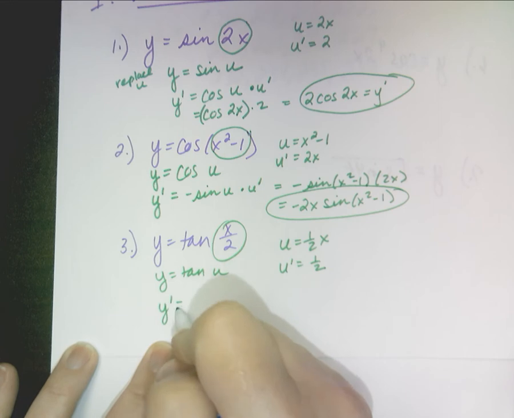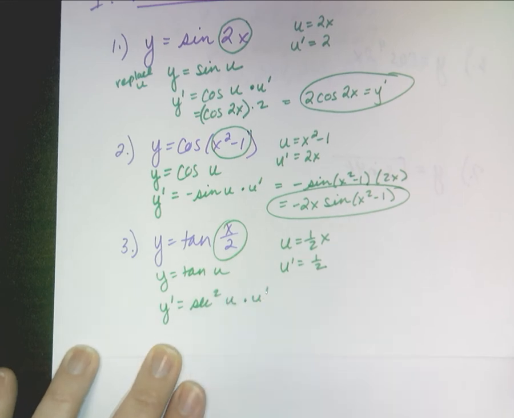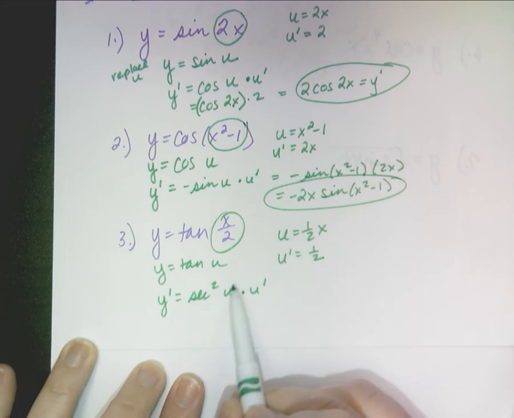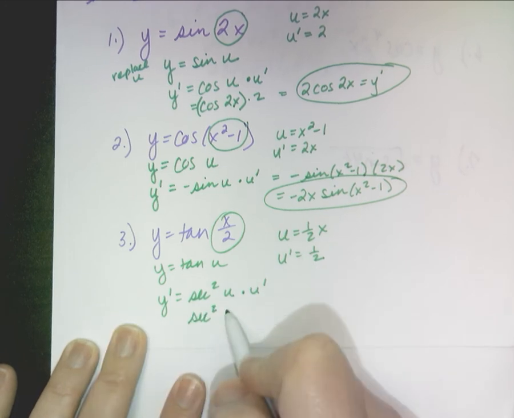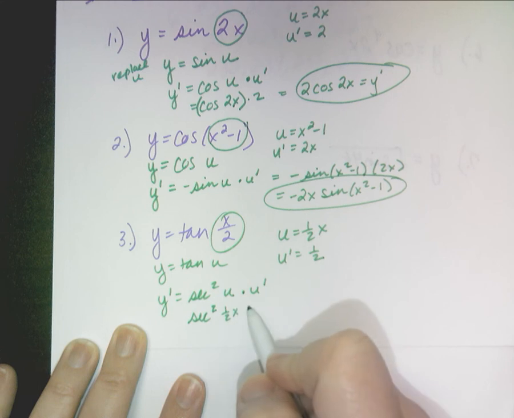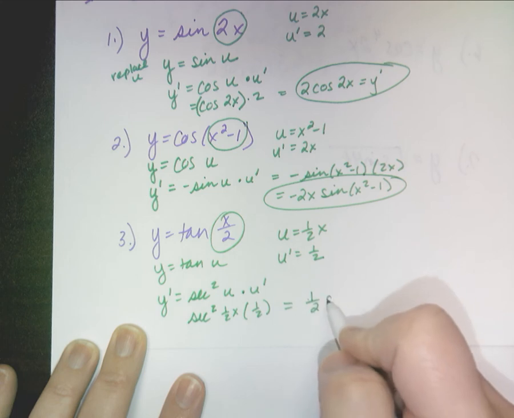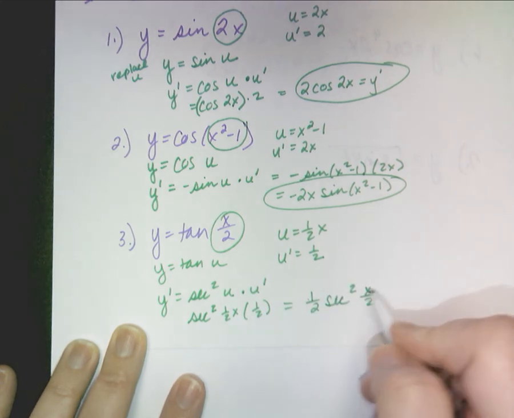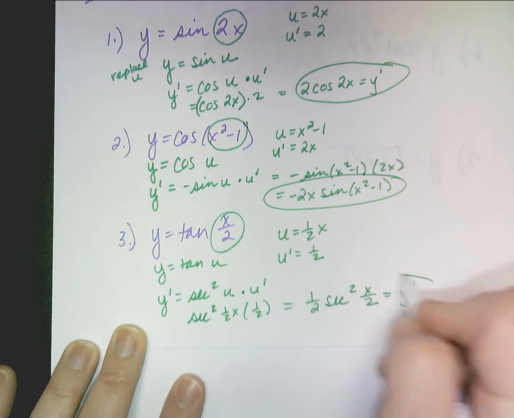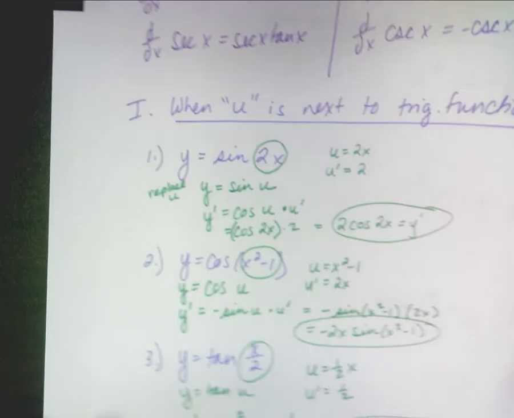So I would write secant squared U times the chain. Now replace. So secant squared 1/2 x times the chain of 1/2, and again, put that in the front. So 1/2 secant squared of x over 2, or 1/2 x. That is your derivative.